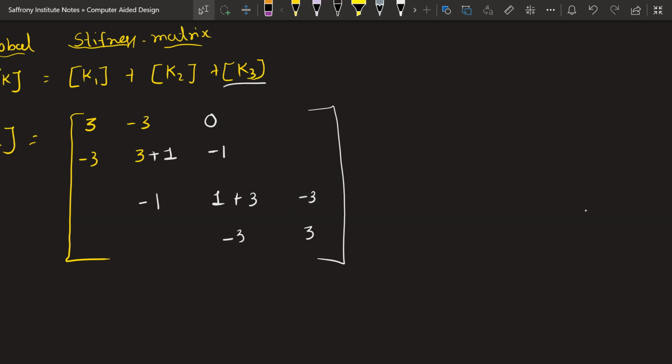So what I will do, the final edges I will put as 0. Here is also 0, and this row will be 0, here will also be 0.